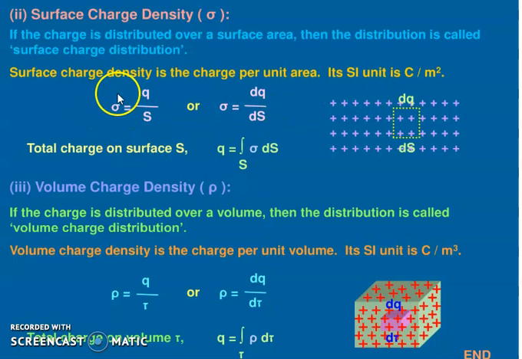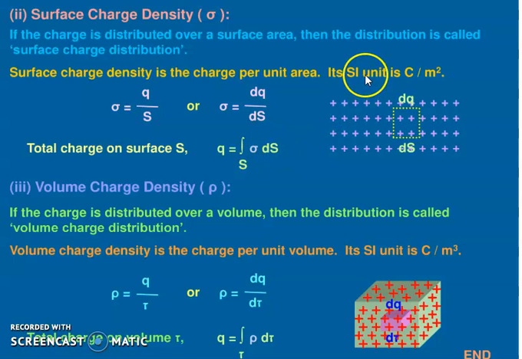Sigma is equal to Q by S, charge per unit area. Suppose over this area the charges are distributed like this, then we choose a very small area ds. The charge will be dq. If the total charge is q, then over this small area the charge will be dq. Therefore, sigma will be equal to dq by ds. If we calculate the total charge q, then the surface integral of sigma ds will be the total charge.